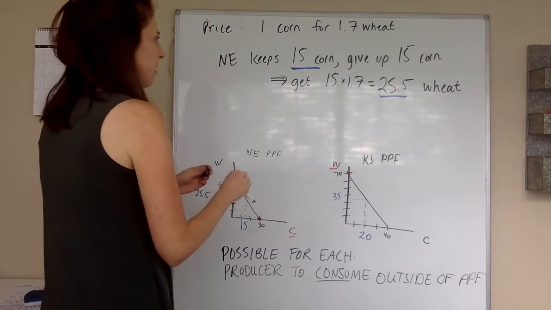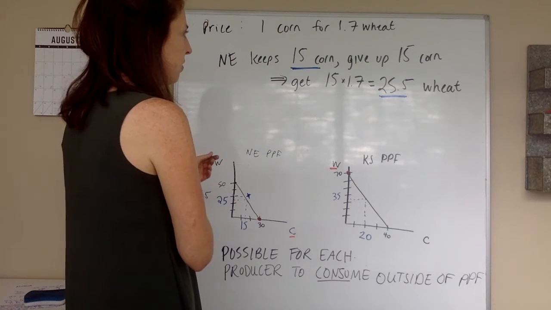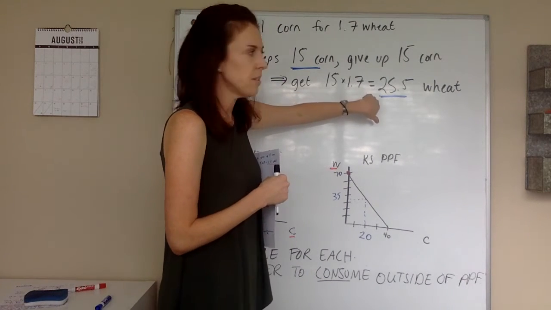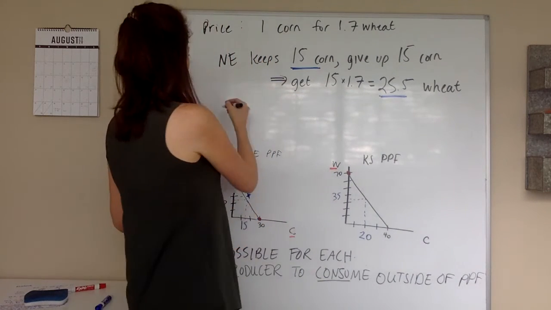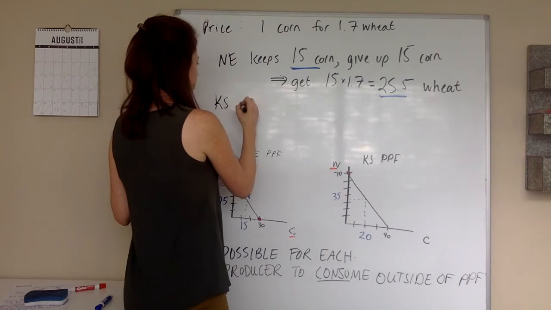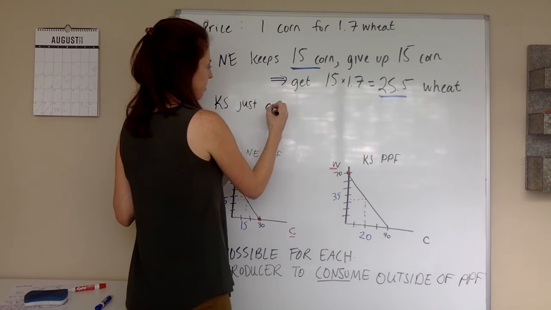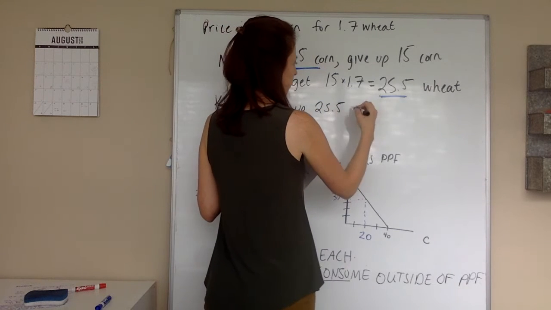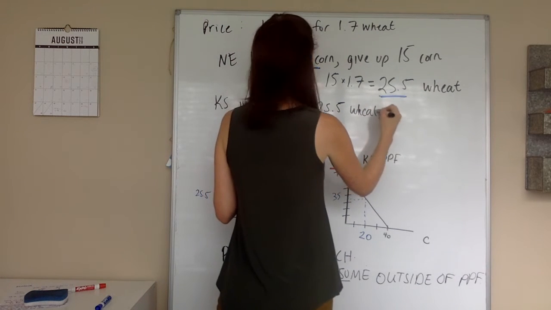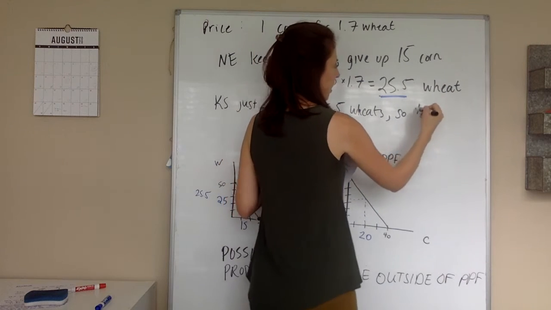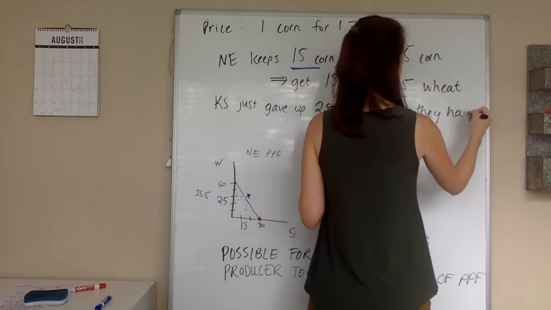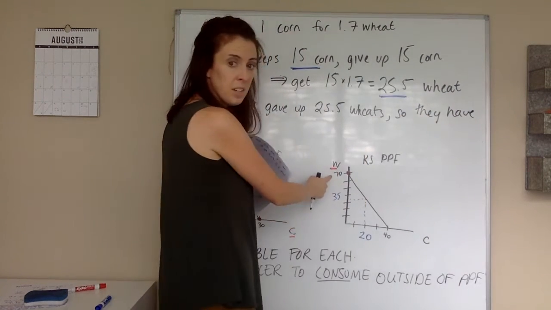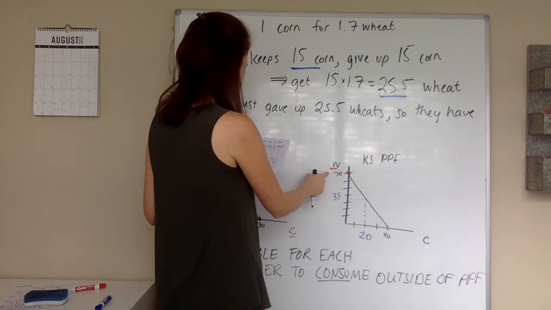Okay, let's see what happens in Kansas. So Kansas, they've just given up 25.5 units of wheat to Nebraska. Well, they made 70 units, and they just gave up 25.5.